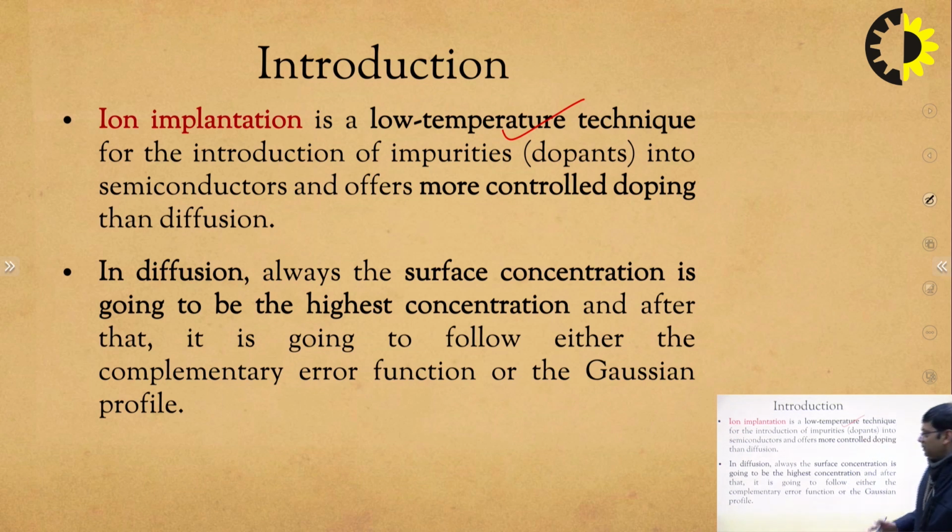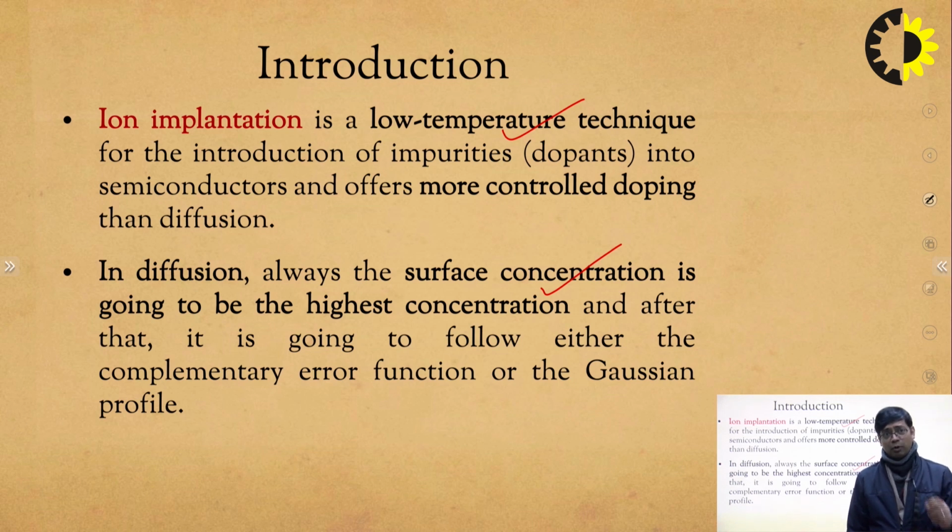In diffusion, the surface concentration is always going to be the highest concentration. As we know that in case of diffusion, the flow of dopants is from higher concentration region to lower concentration region.